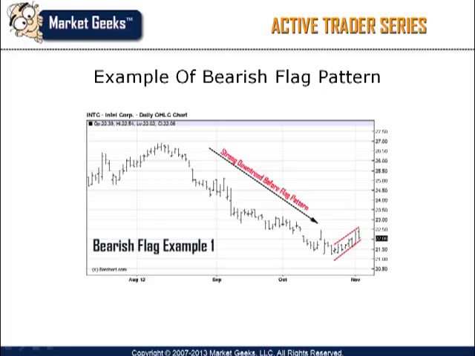The bearish flag pattern is exactly the opposite of the bullish flag pattern. The trend has to move down for a substantial amount of time prior to the formation of the flag pattern. Once the flag begins to develop, you should see a substantial decrease in volatility and momentum compared to the trend prior to the formation. Notice how Intel drops 1/4 of the stock's price prior to entering a flag pattern in this example.